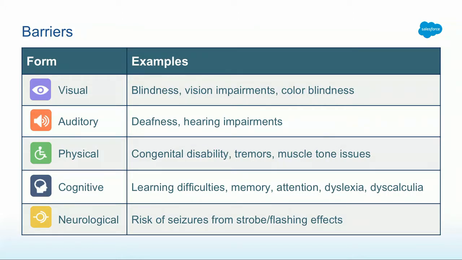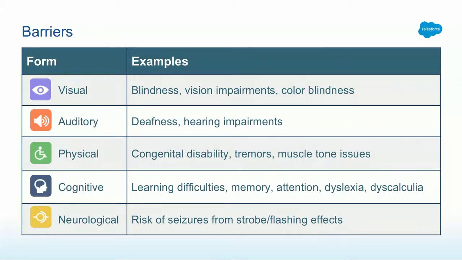With physical barriers, we're talking about users who have difficulties using traditional input devices. Cognitive, people who have difficulty remembering lots of information or where they are in a process, or find that numbers and letters get scrambled when they're trying to read text on screen. And neurological barriers, where certain animations or effects can cause nausea, headaches, or even seizures.